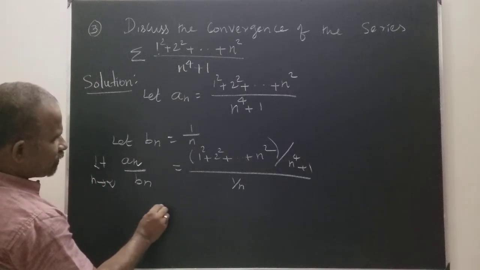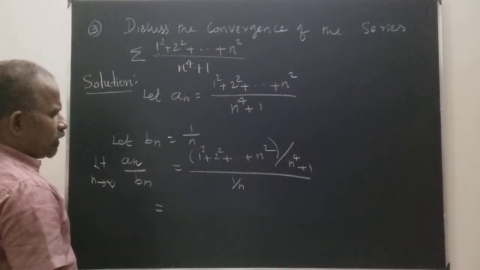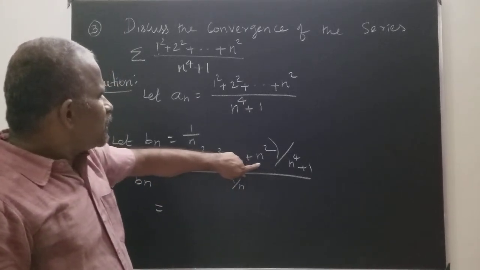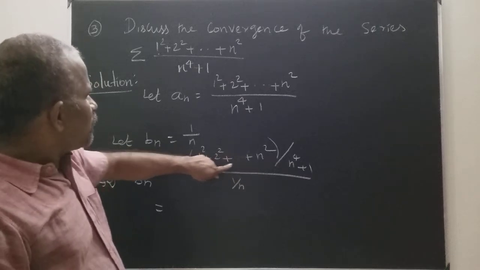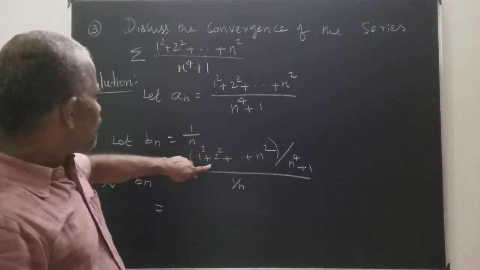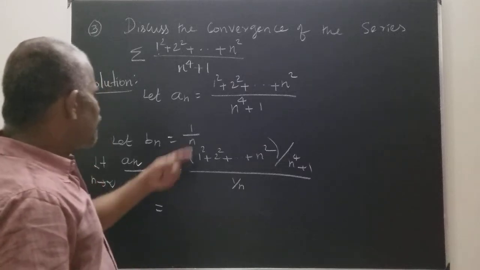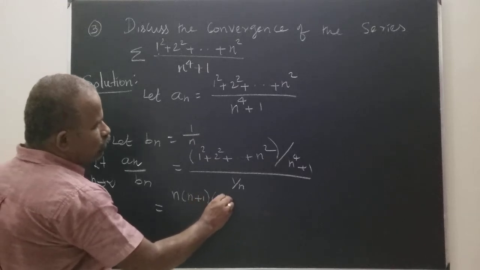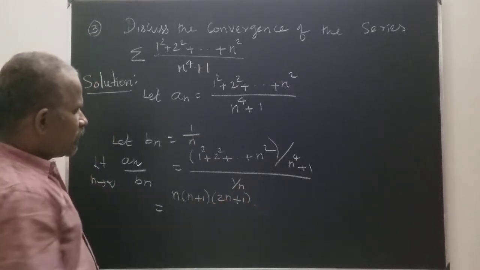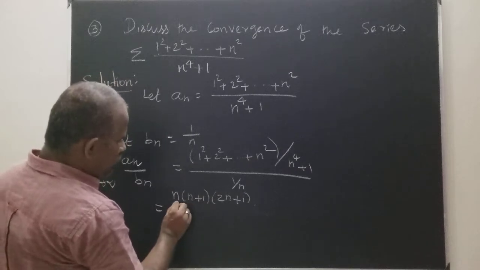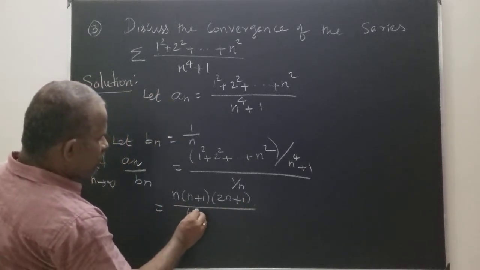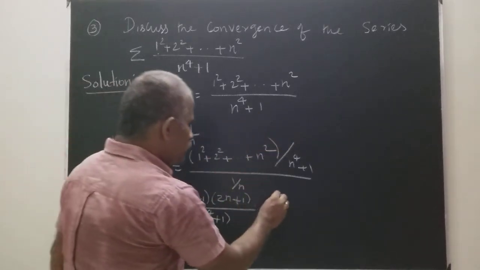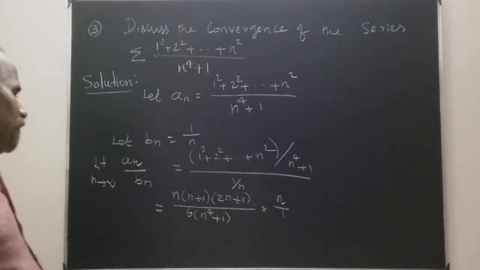This can be written as, this is the sum of the squares of the first n natural numbers, that can be written as n into (n plus 1) into (2n plus 1) divided by 6, into n power 4 plus 1, into 1 by n. So therefore this is nothing but n by 1.